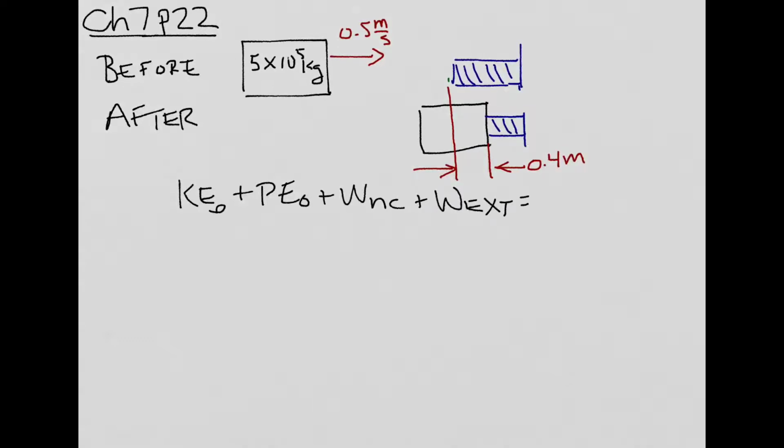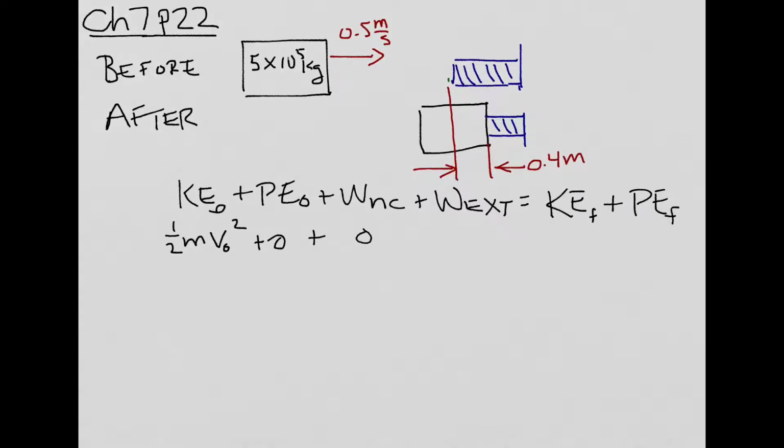Now, in this example, we start off having kinetic energy of the train. So that would be 1/2 mv squared. There's no potential energy. The spring is at its rest position, and also it's on level ground, so the potential energy is 0.